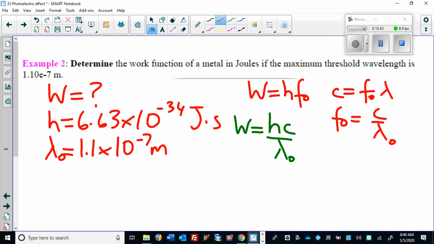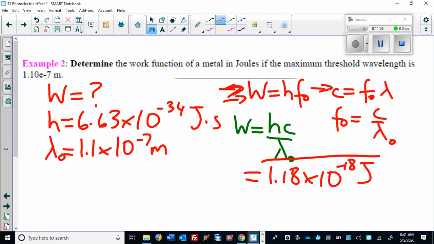So we can manipulate the formula, or we can combine those formulas and derive this new formula and plug in the numbers. Or you can just do this one first, and then this one here, and get your answer that way. So that's a 2-step. This is the 1 step, but really it's 2 steps anyway. And that will yield an answer of 1.18 times 10 to the negative 18 joules.